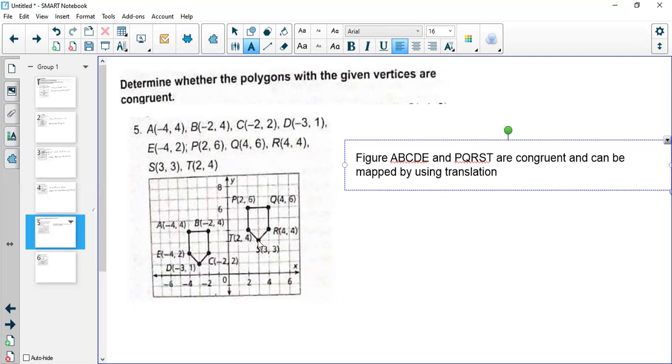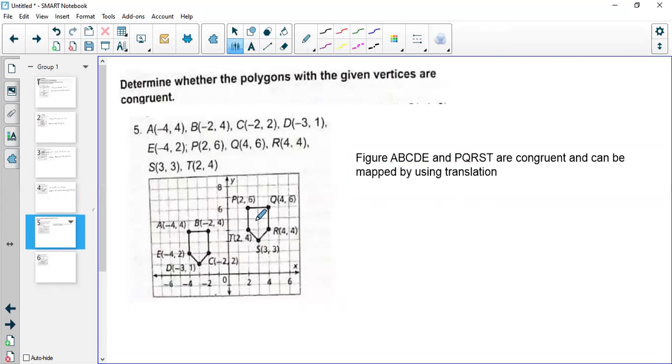Okay, so from S I need to move how many units down? I need to move 2 units down. So I'm moving 2 down, and then across, how many do I need to move across? Okay, to make it easier for you, let me move it the other way around. Rather than moving from PQRST, let me move from ABCDE, because that's the pre-image.